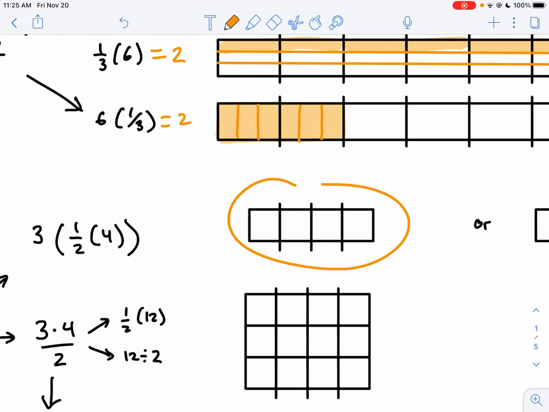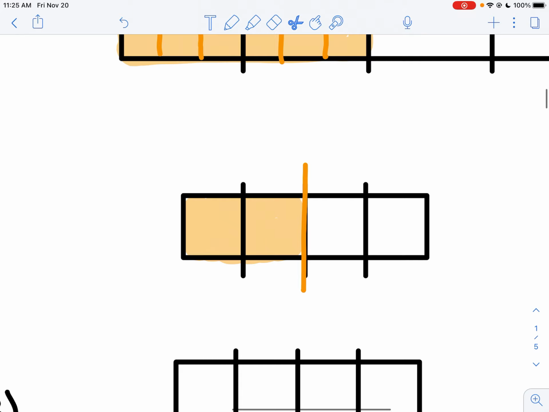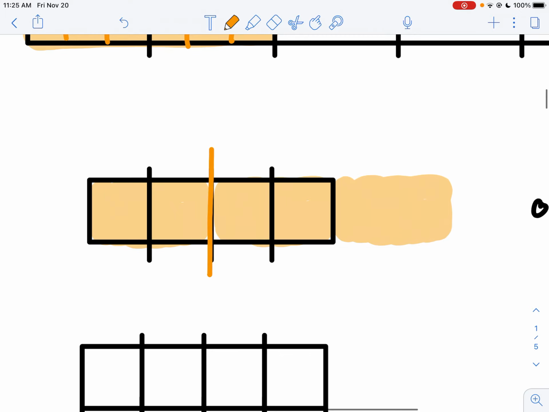this is a representation of 4 right here, so each block is one whole. The 4 I split right there, and then I have half of that shaded. But then I do 3 copies of this. Let me grab this and copy, paste, and then do one more copy, paste, which suggests that we would have 2 more blocks over here.